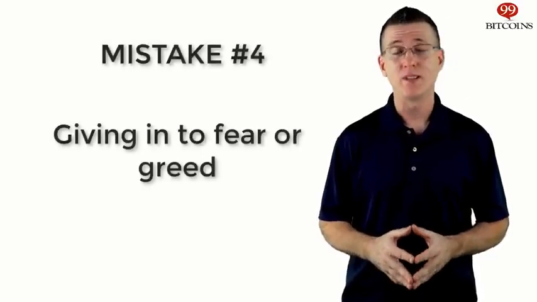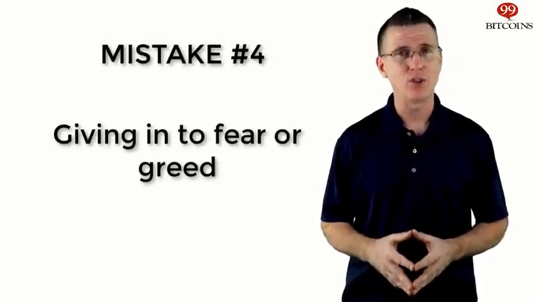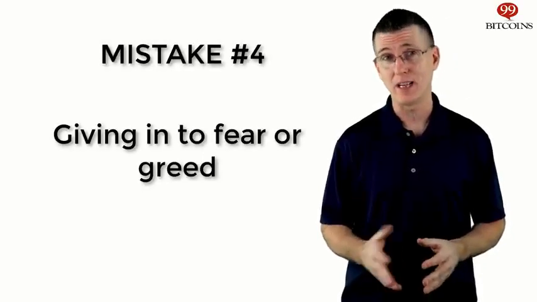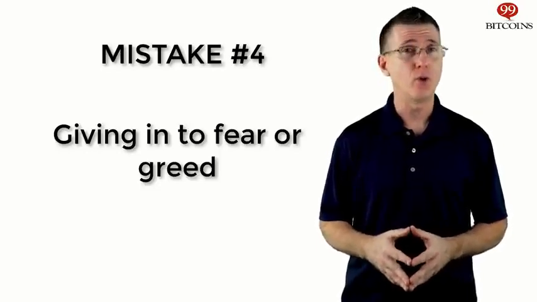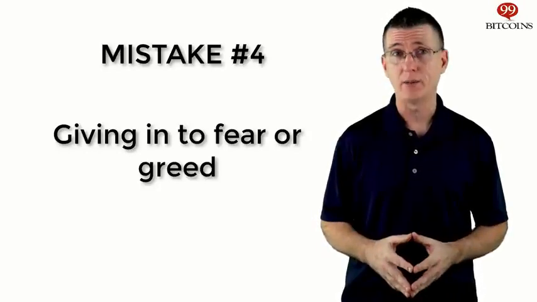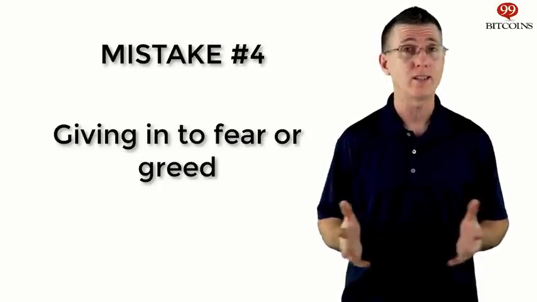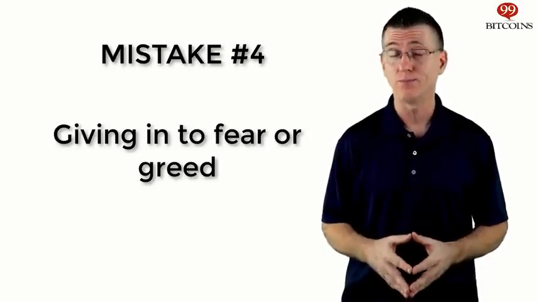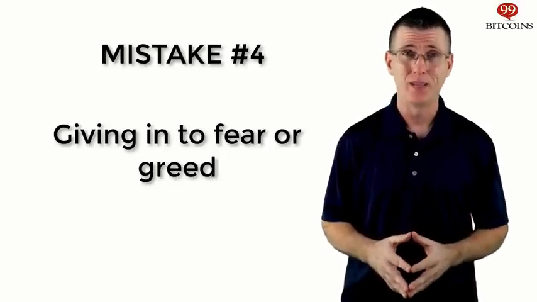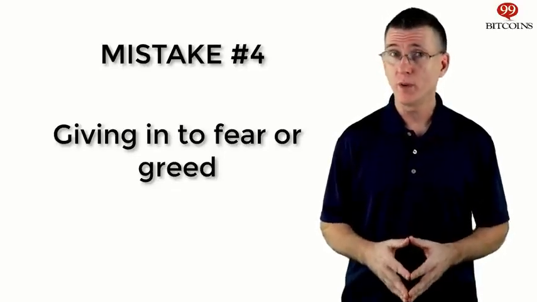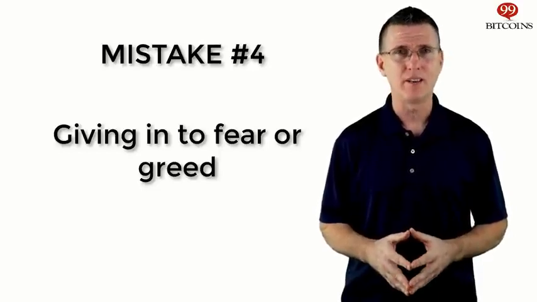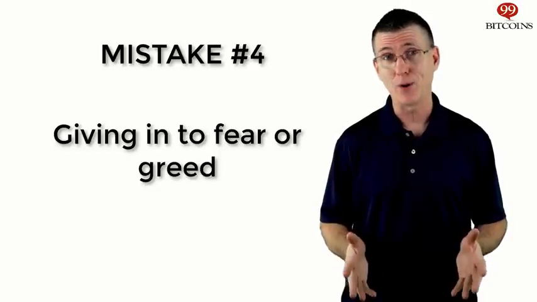Two basic emotions tend to control the actions of many traders: fear and greed. Fear can appear in the form of prematurely closing your trade because you read a disturbing news article, heard a rumor from a friend, or got scared by a sudden dip in the price that will soon be corrected. The other major emotion, greed, is actually also based on fear, the fear of missing out.